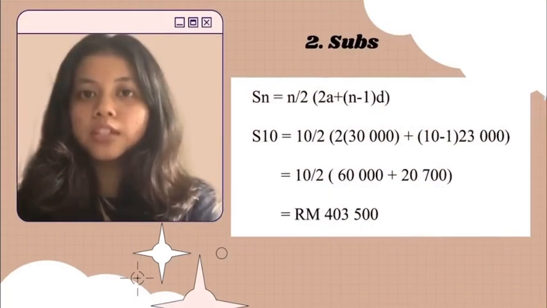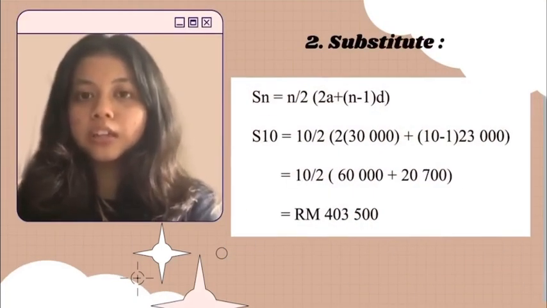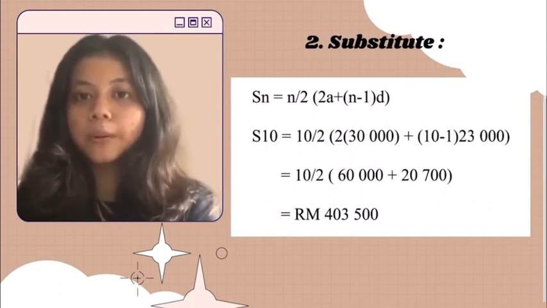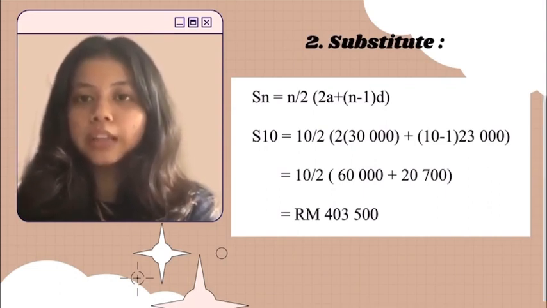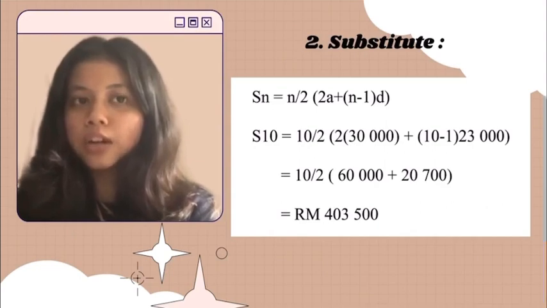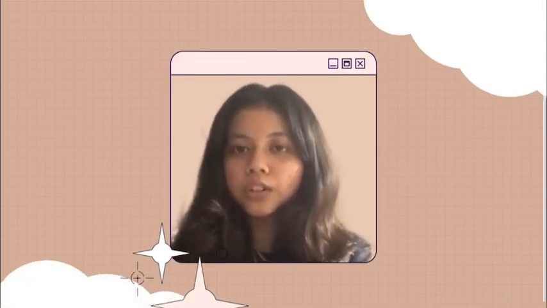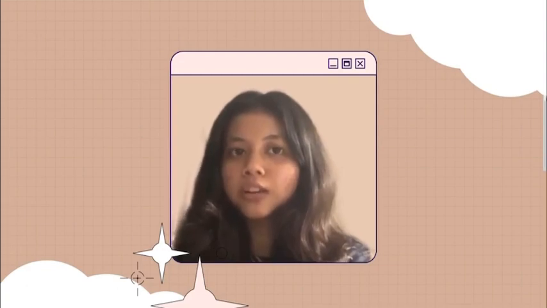You substitute all the information given into the formula and you will get the answer 403,500. So in conclusion, his total earnings for the 10 year period is 403,500.